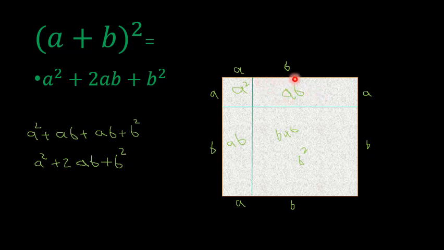You can see one is the longer side and the other one is the smaller side. It has different length and width. And this one is also a rectangle which has two different lengths, one is B and the other one is A.